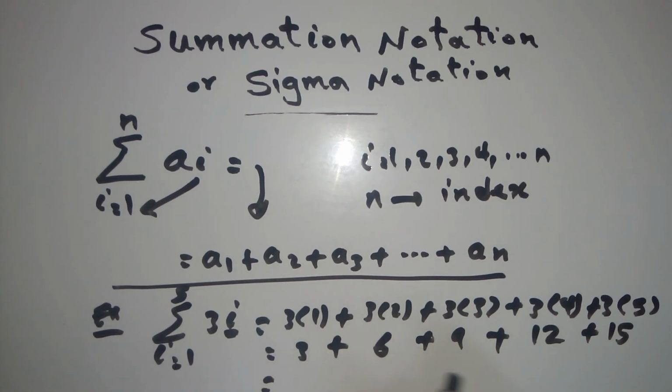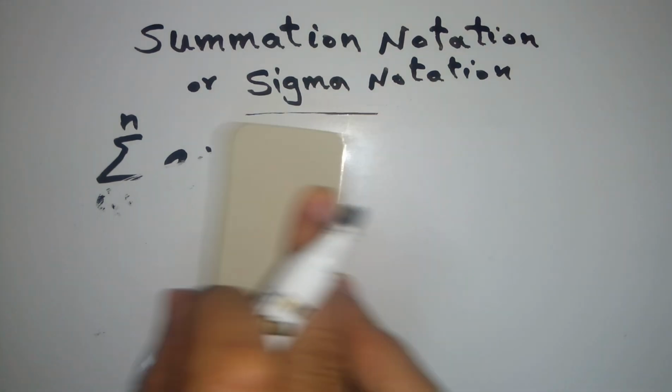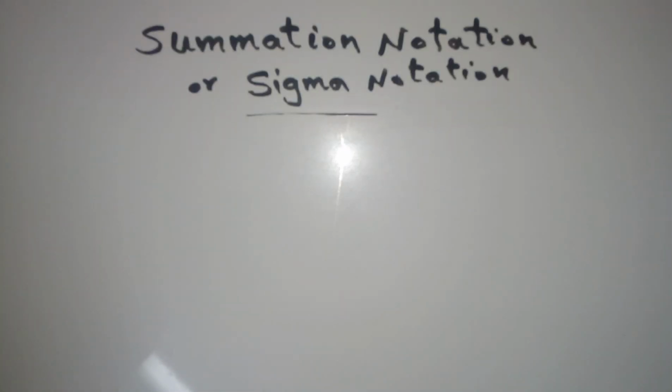It's going to be 3 plus 6 is 9, plus 9 is 18, plus 12 is 30, plus 15 is 45. It will be 45. Okay, but we have different formulas that will help me to find the summation values.